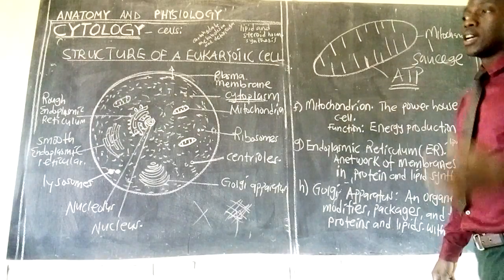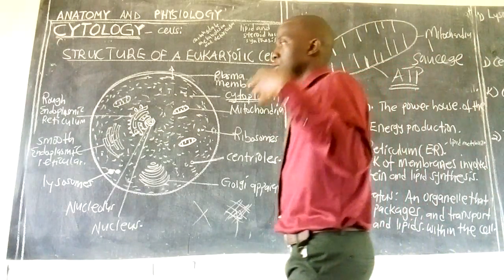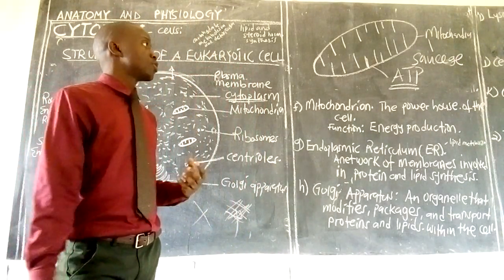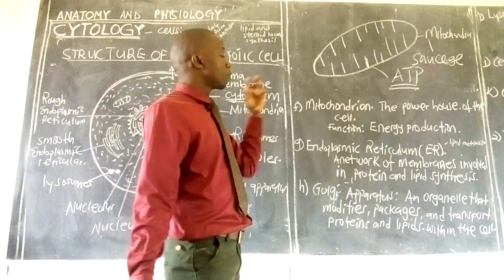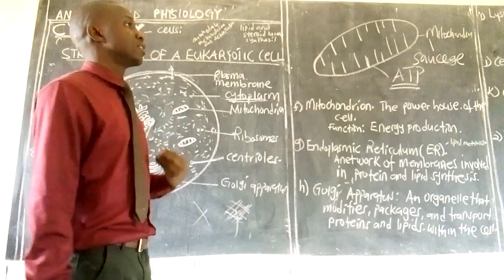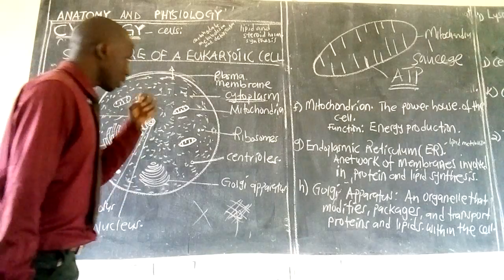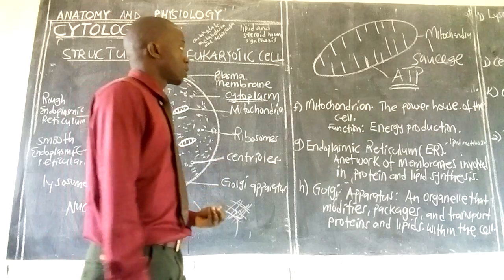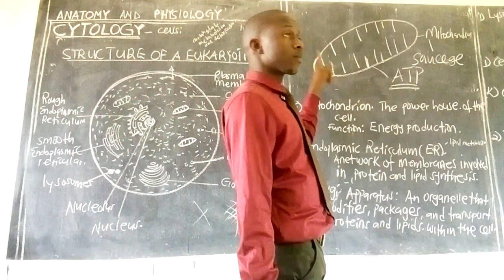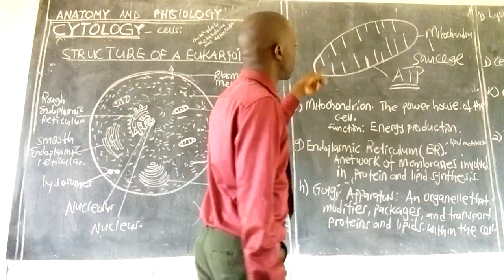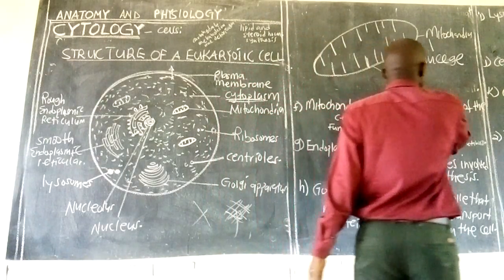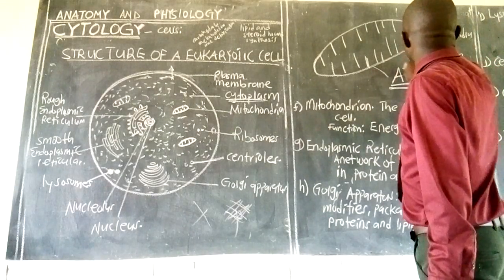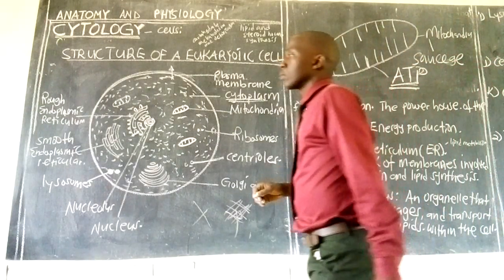You know very well that our bodies need energy to survive at all costs. And what makes this body keep active is that it uses energy. And that energy that the body mechanisms need to take place is generated by the mitochondria. And that energy is in the form of ATP. ATP in full stands for adenosine triphosphate.